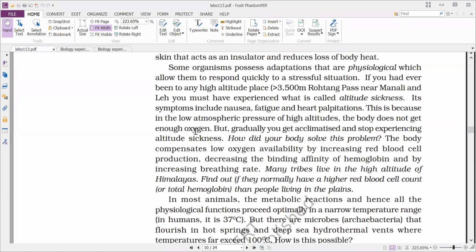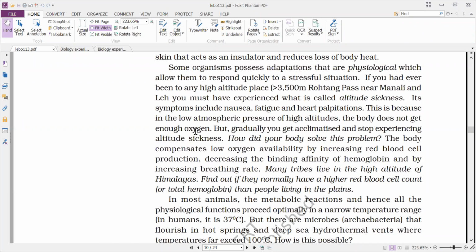This is because in the low atmospheric pressure of higher altitudes, the body does not get enough oxygen. When you move to higher altitude, the atmospheric pressure is reduced. As a result, the oxygen availability is also reduced.